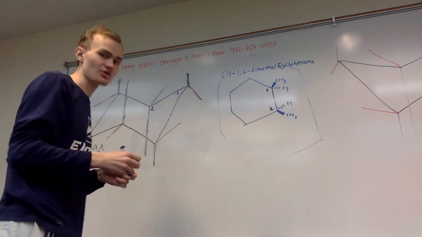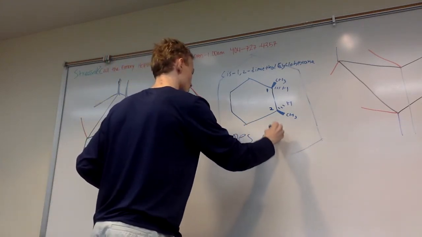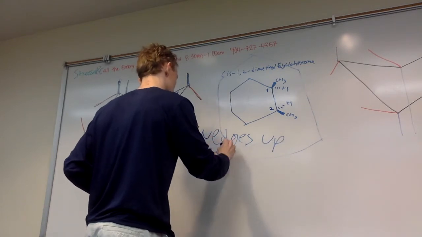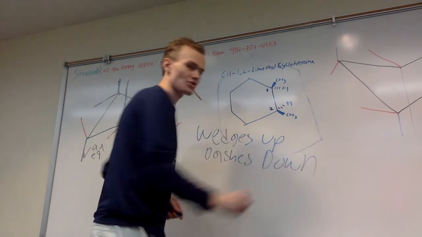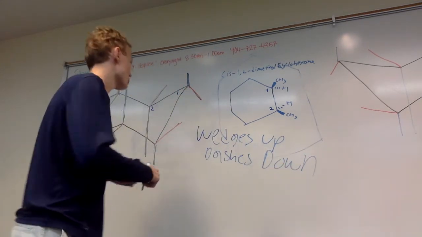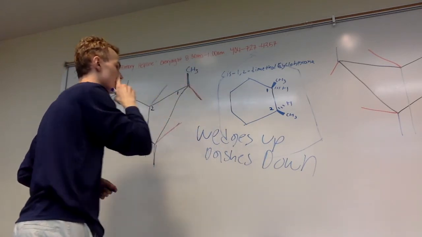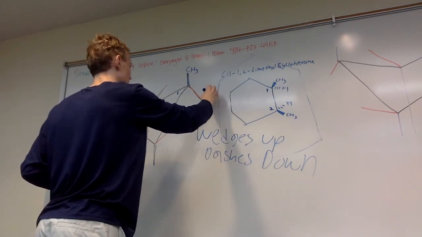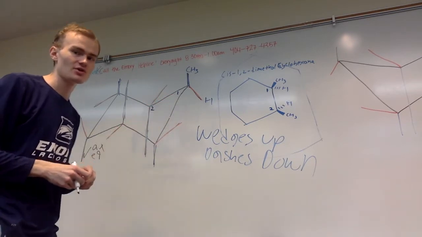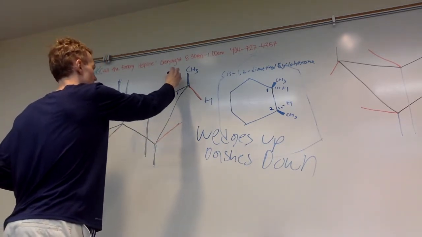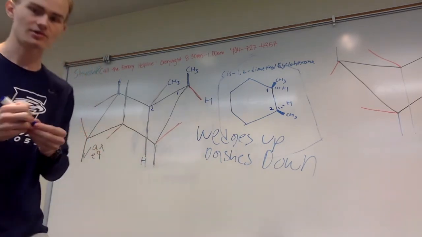I'm going to write this here: wedges up, dashes down. So we draw this methyl here, CH3, and we'll draw this hydrogen down here. Then over here, we're going to have the CH3 go up and the H go down.